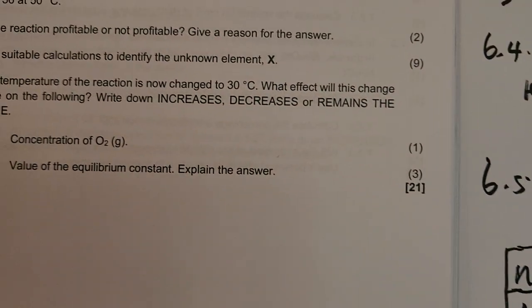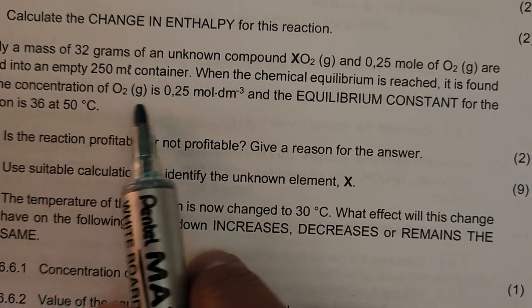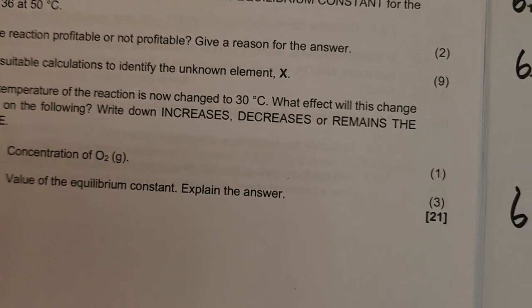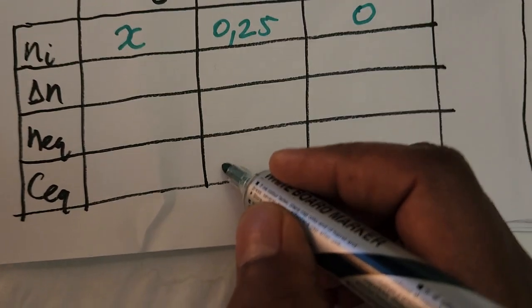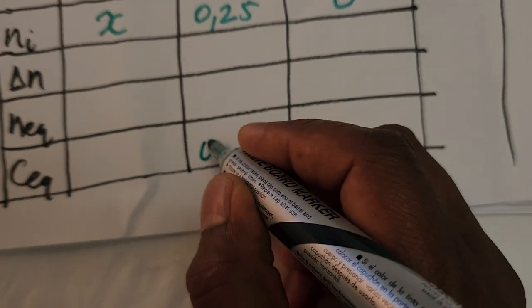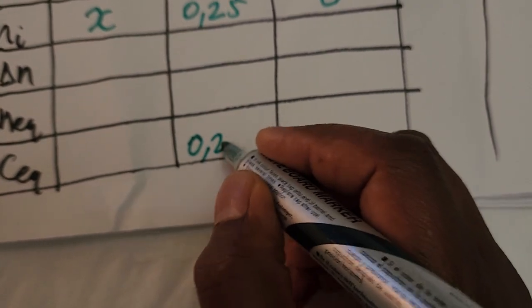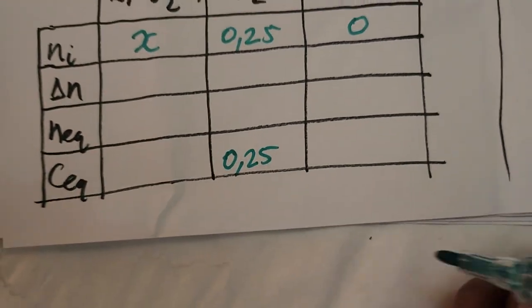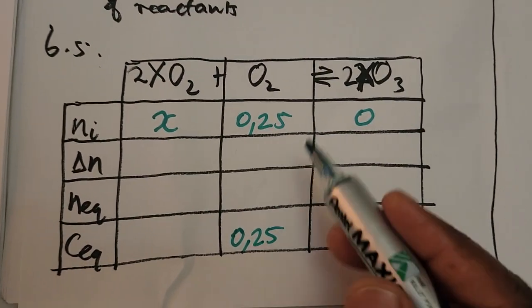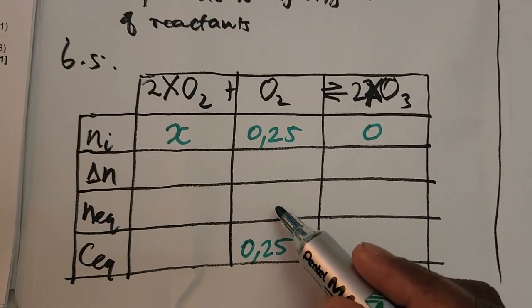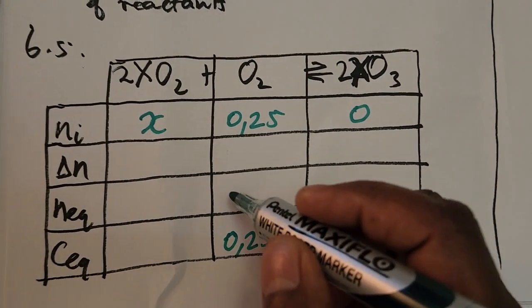At equilibrium, I'm given the concentration of O2, which is 0.25. Now with concentration, remember, we multiply by volume. Multiply by 1/4.